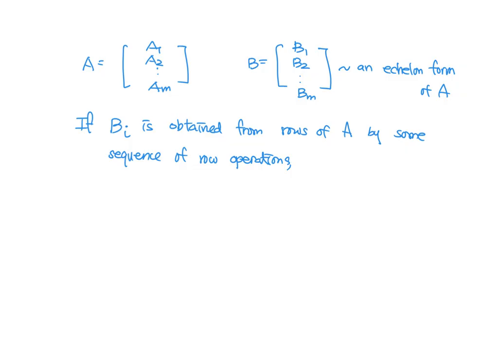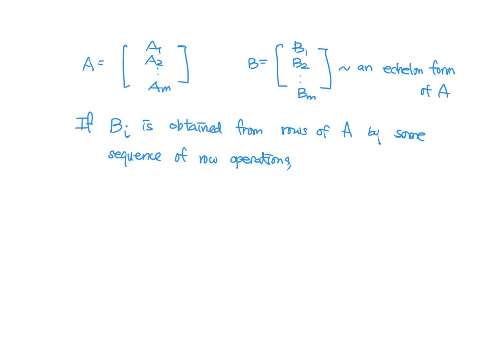then, for example, in the case of an interchange operation, if A1 and A2 are interchanged to generate B2, B1, then B1 can be written as a linear combination of A1 and A2. Right? If I consider a scaling operation, so if B1 is obtained from A1 by multiplying by, say, 3, then that means B1 is 3 times A1. Right?